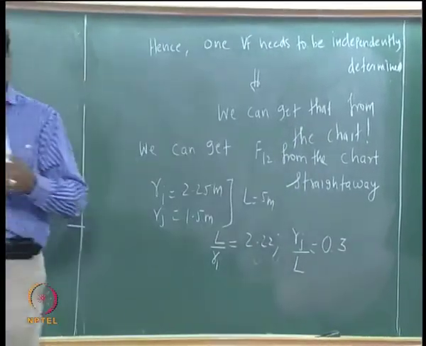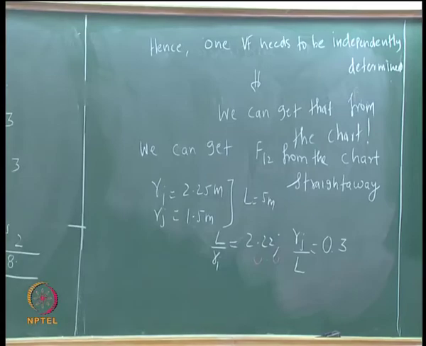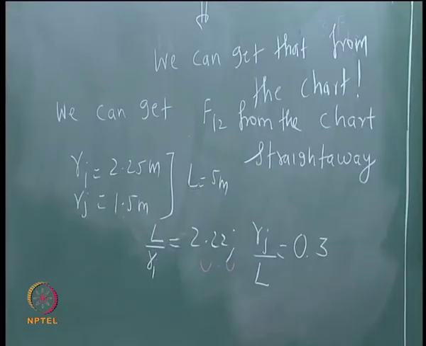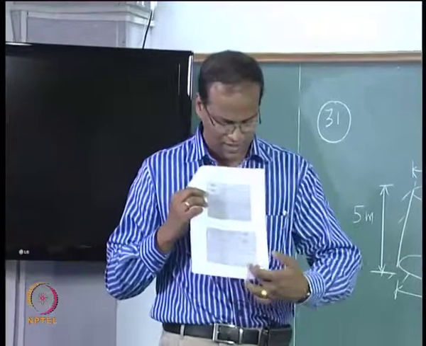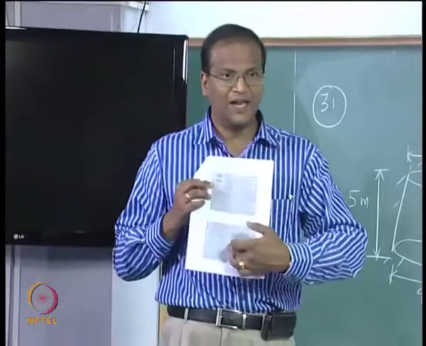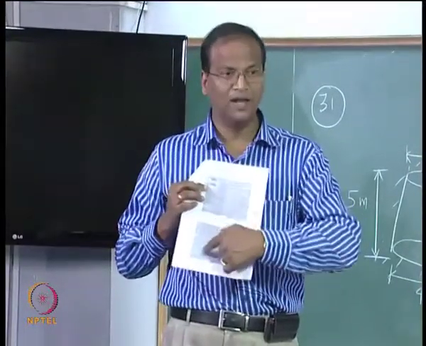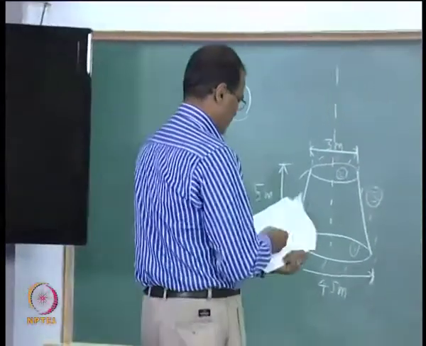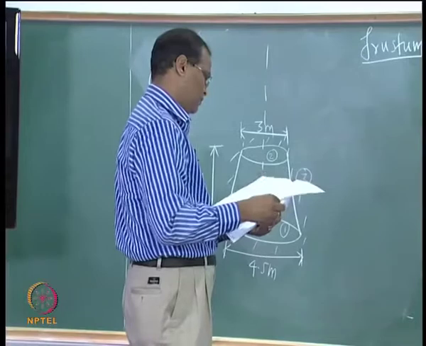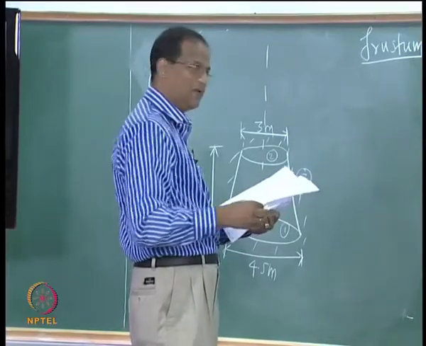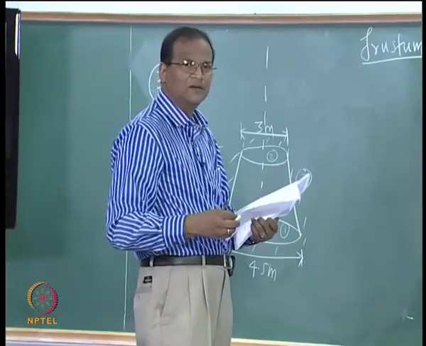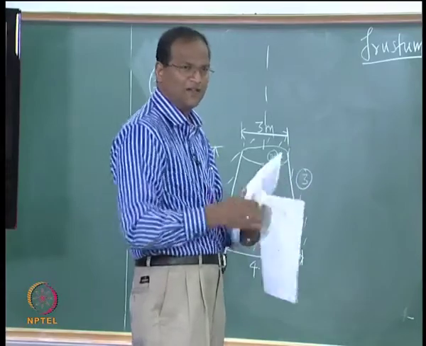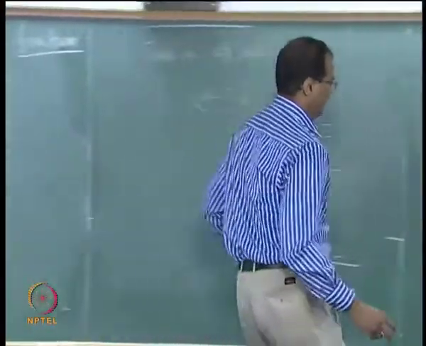And Rj by L. Based on L by Ri and Rj by L, you can straight away get it. How much did I get? I got 0.08, 0.07, okay, no problem. F12.